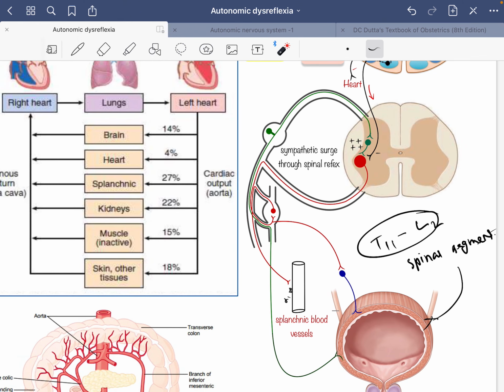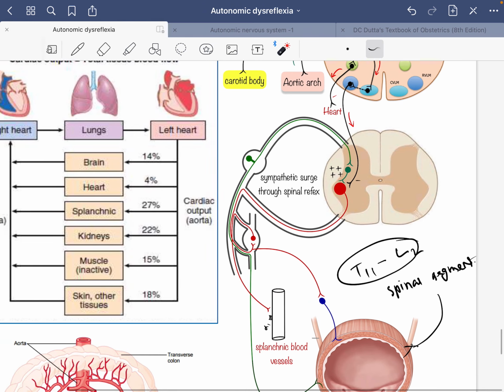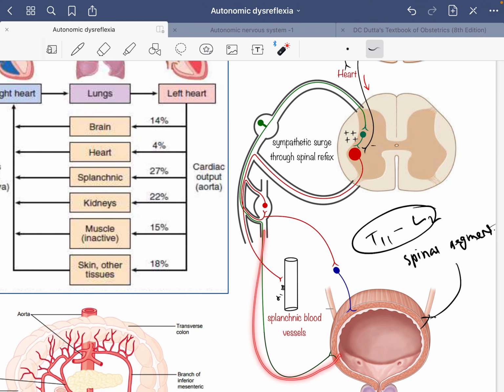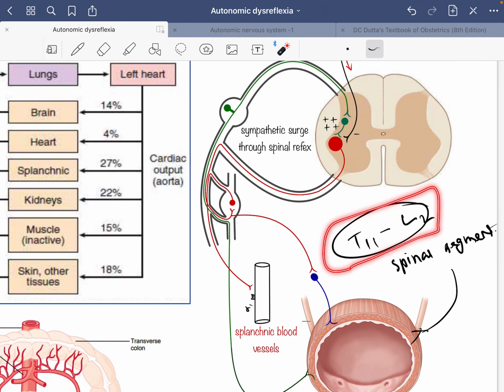As I have told you, the T11 to L2 segment supplies the urinary bladder, so the sensory fiber enters the T11 to L2 spinal segment, and the lateral horn cells of T11 to L2 will be activated. This is the important thing.